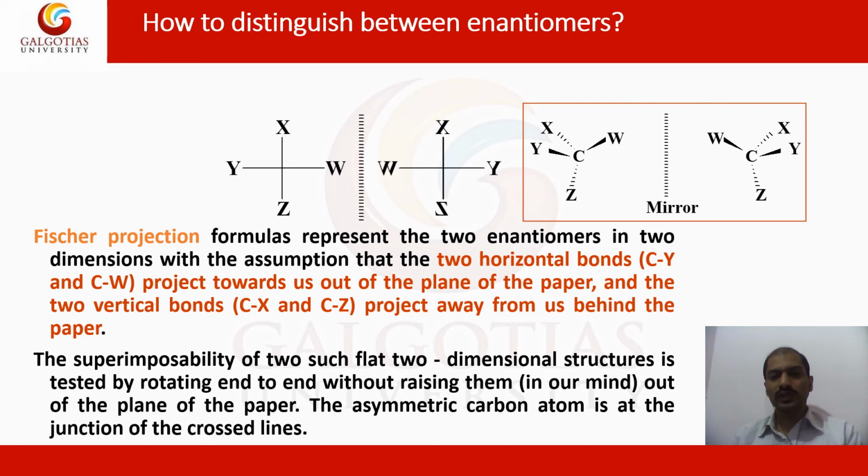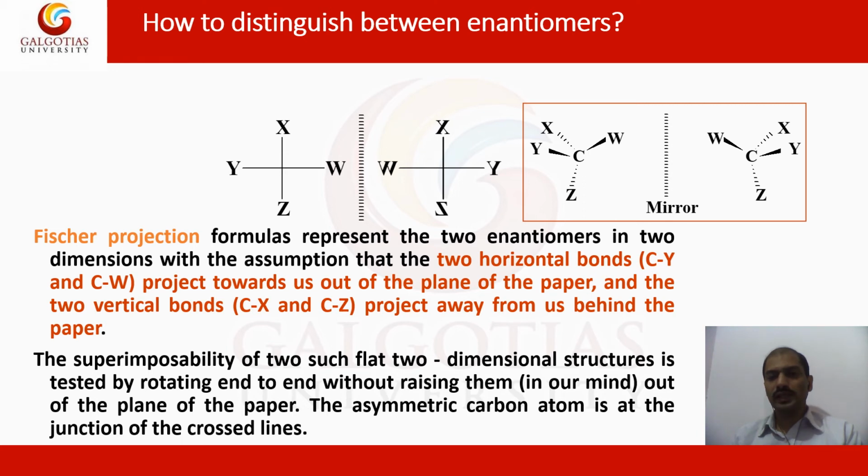If you imagine it as a 3D structure, both of these are towards you. If you represent it in a dash structure, these are the rear side and these are towards the objects, meaning towards your eyes. So it can be represented this way.